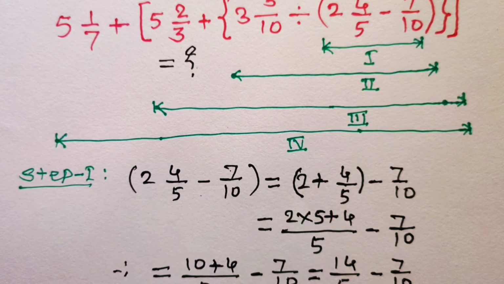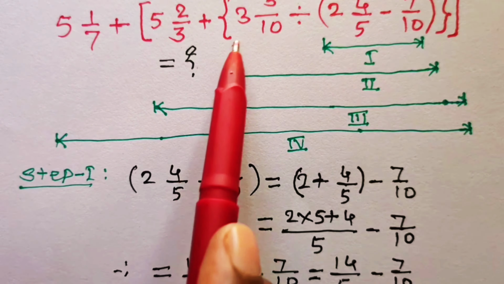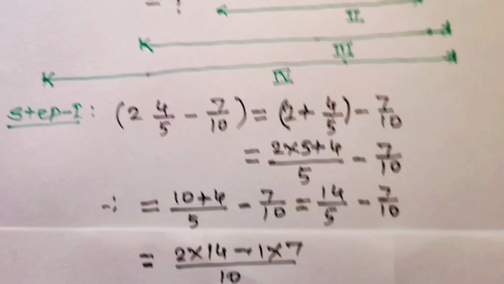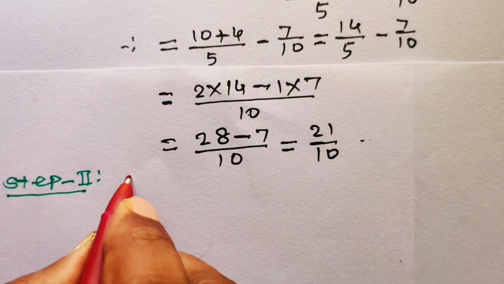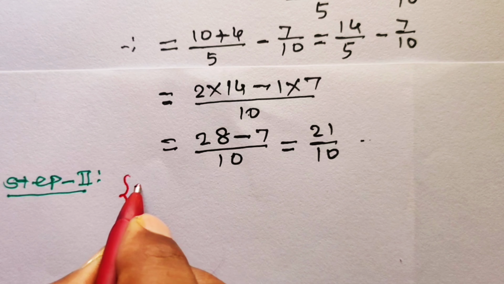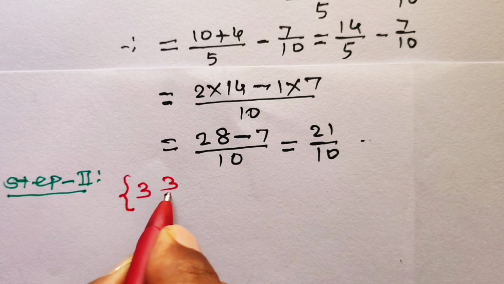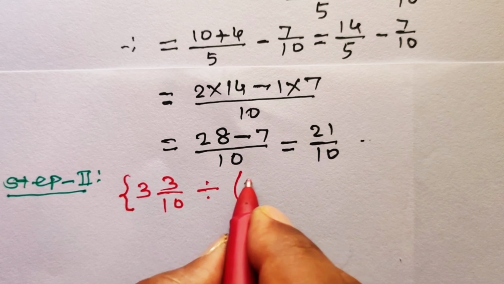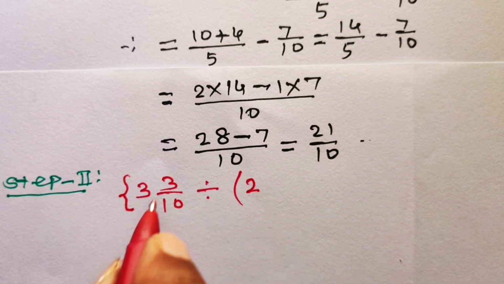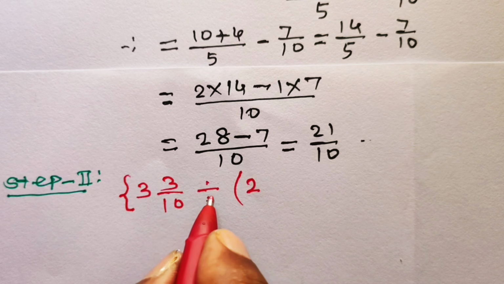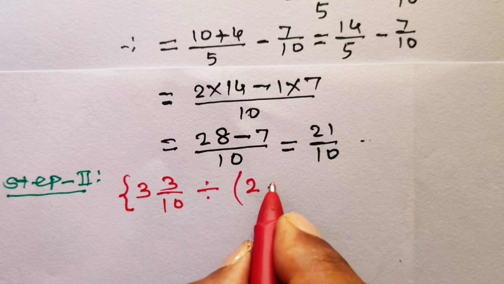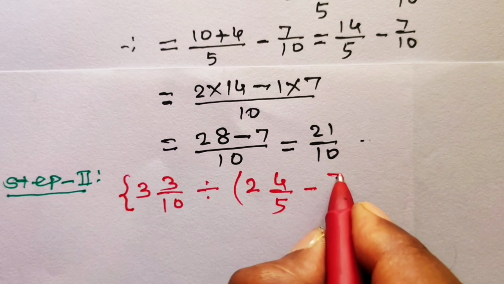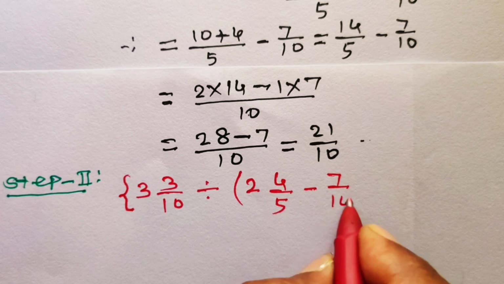In step number 2, we have to find the value of this curly bracket: 3 and 3/10 divided by 2 and 4/5 minus 7 over 10.